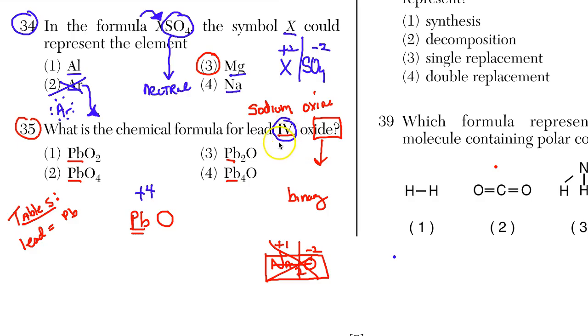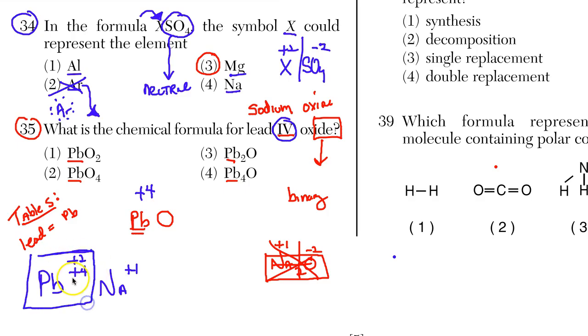And the reason is, when you look lead up on the reference table, lead likes to become +2 and +4. Unlike sodium that I just gave as an example, which only becomes +1. So if you're dealing with elements like we are in this case that have multiple positive choices, then we always use the Roman numeral system for the positive one, never for the negative one, to say which positive choice we're using, because you'd make 2 different formulas. So they're telling us it's lead 4.